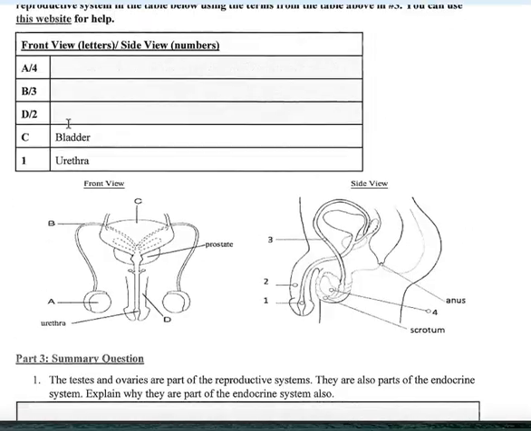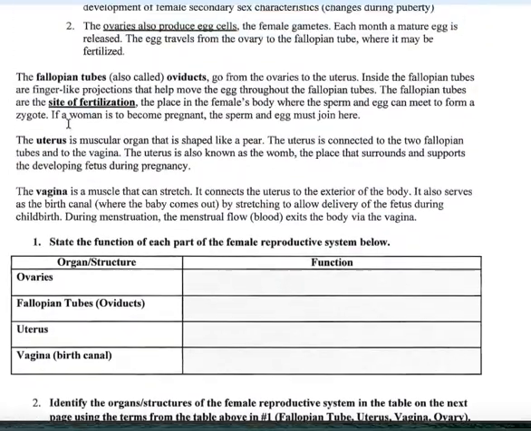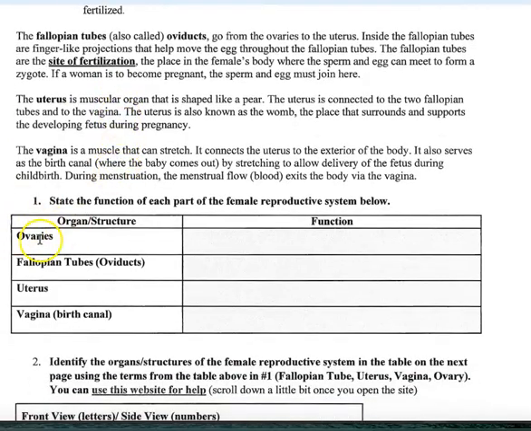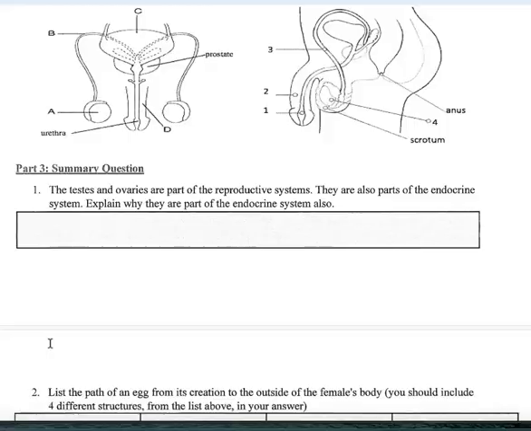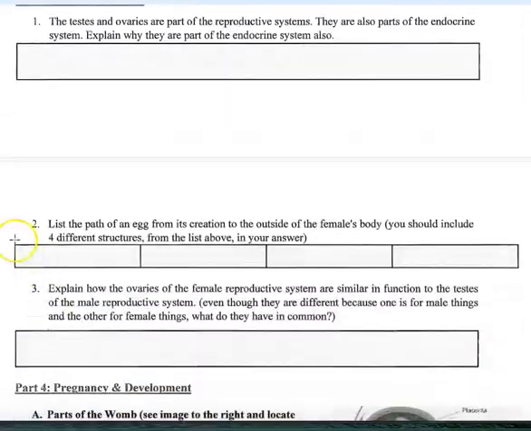So we learned about those up here, right? We have the ovaries, the fallopian tubes, the uterus, and the vagina. Believe it or not, it's actually in that order, and I will discuss that with you as we're writing this.